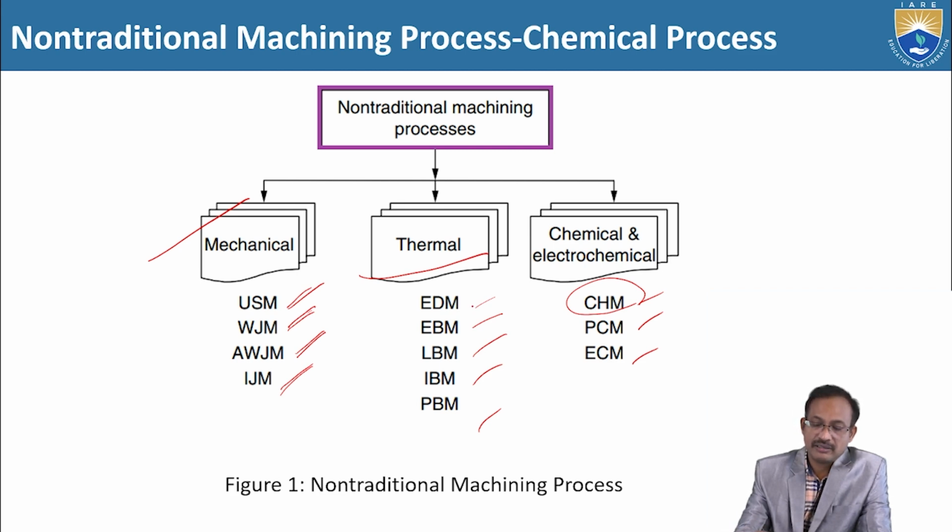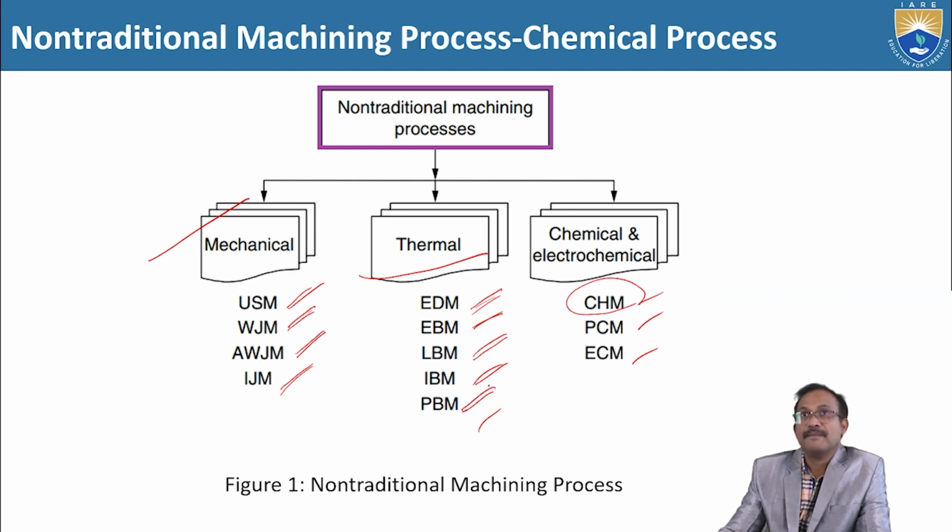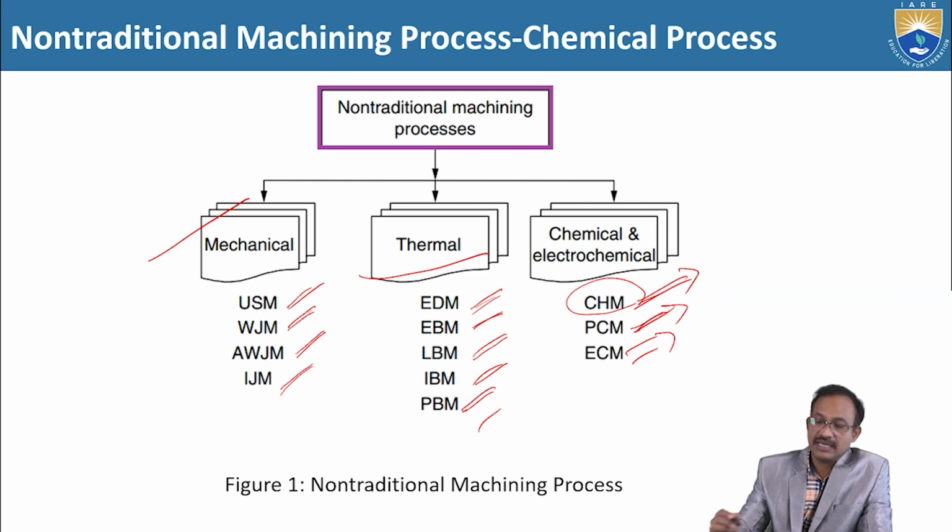Under thermal: electro discharge machining, electron beam machining, laser beam machining, ion beam machining, plasma beam machining. Under chemical and electrochemical: chemical milling, photochemical milling, and electrochemical milling. Now we are discussing the chemical milling process.